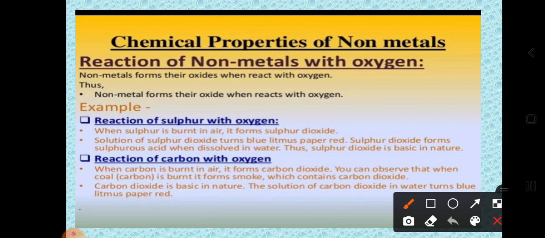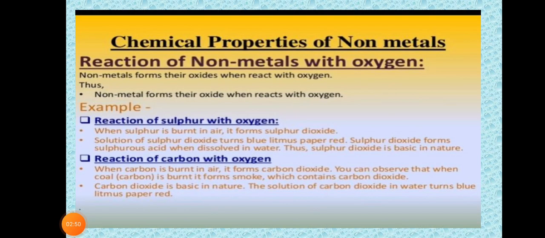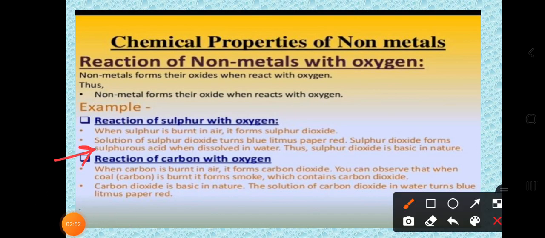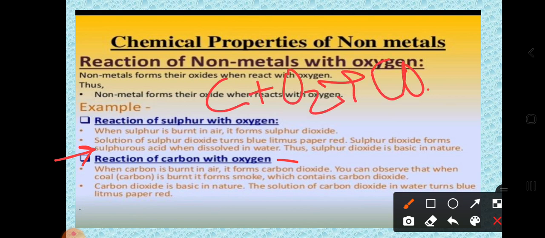Now let's take the next example, the reaction of carbon. Carbon is also a non-metal. So when carbon reacts with oxygen, which answer will you get? Carbon plus O2 gives carbon dioxide.